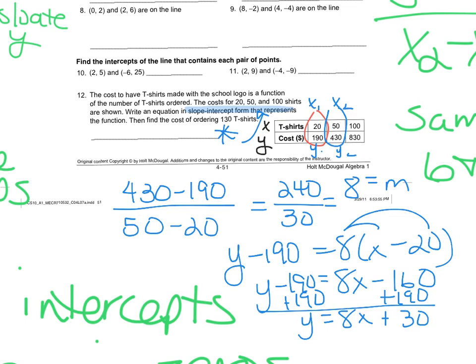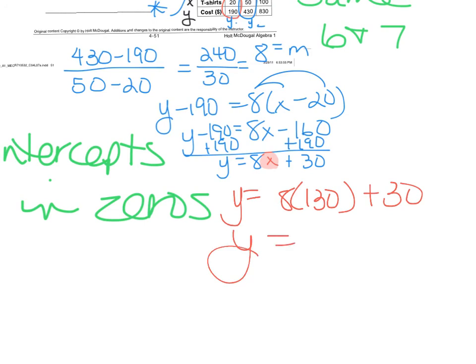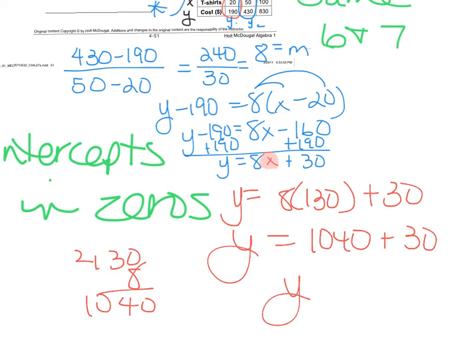To find out the cost for 130 t-shirts, I'm going to plug in 130 for this x. So I'm going to do 8 times 130 plus 30. 8 times 130 gives me 1,040, plus the 30 gives me 1,070. So the cost would be 1,070.